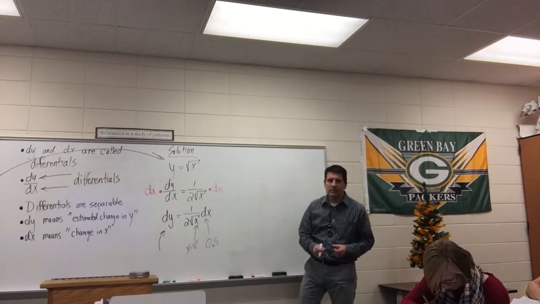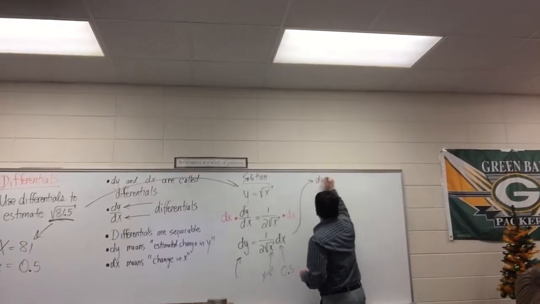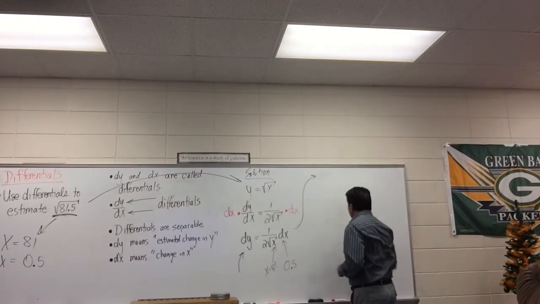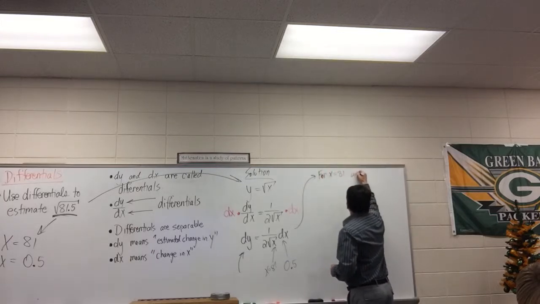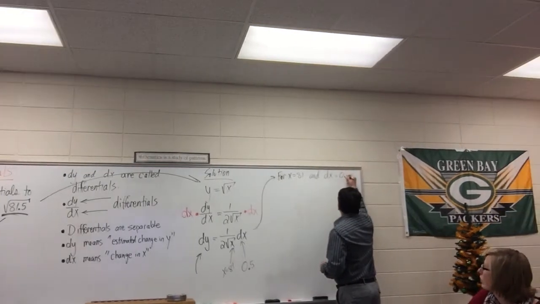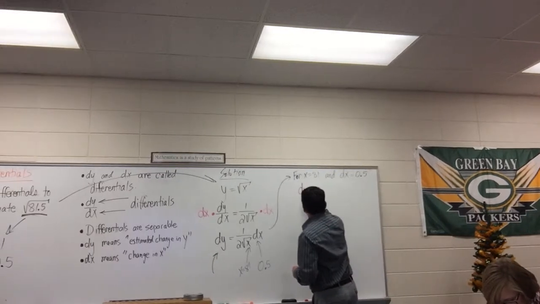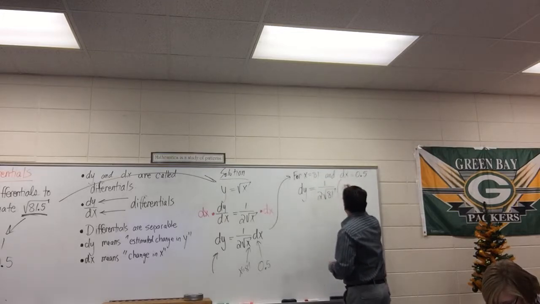Okay, so let's actually do it and see what happens. So dy, I should say here, for x equals 81 and dx, that means our change in x, of 0.5, this produces the following. dy is equal to 1 over 2 square roots of 81 multiplied by 0.5.